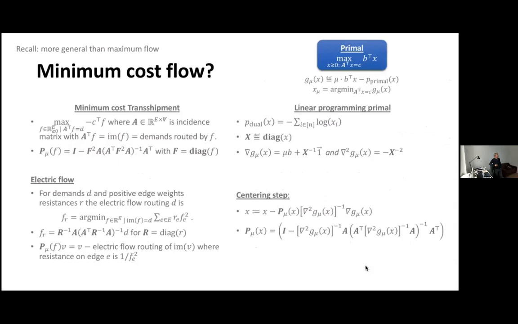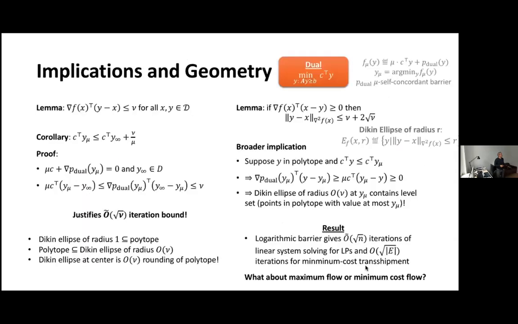Can I ask quickly, Aaron? Yeah. Is that on the previous slide? If you go back, yeah. Shouldn't that be y minus x near the top right? You have gradient f times x minus y. Is that correct, or should it be y minus x? Sorry, here? Yes. I will double check before I post the slides. I'm just pattern matching with the left and also below.